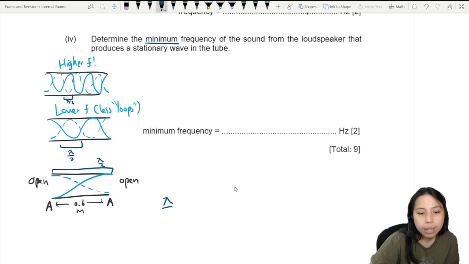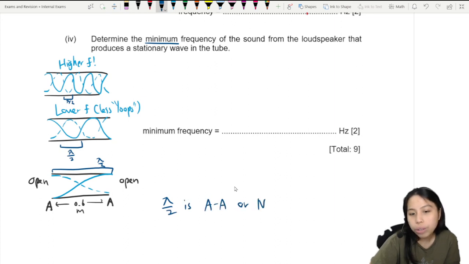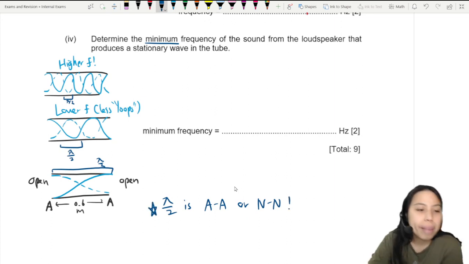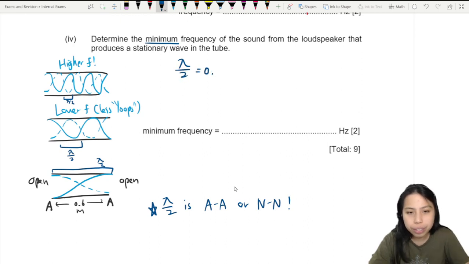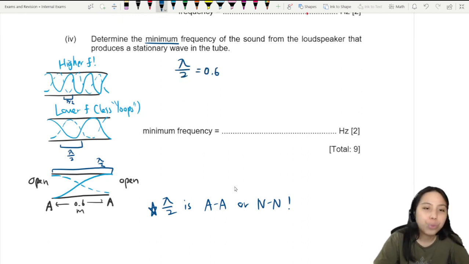So remember, lambda over 2 distance is antinode to antinode or node to node. Remember this. Okay, let's do the maths. So lambda over 2 here is our 0.6. Which means this wavelength, as the minimum, is 1.2 meters.